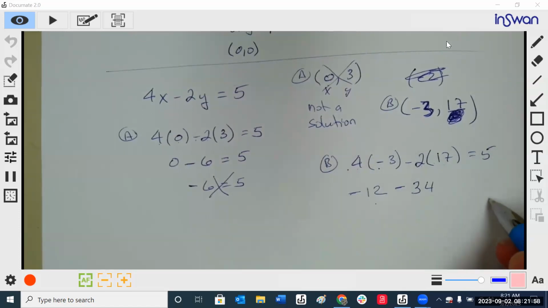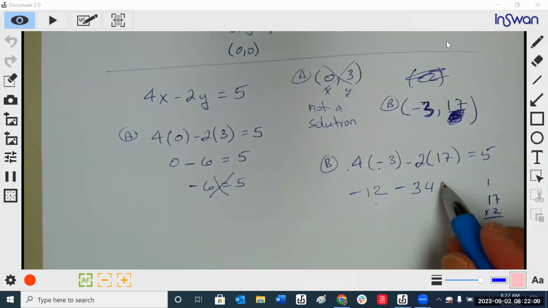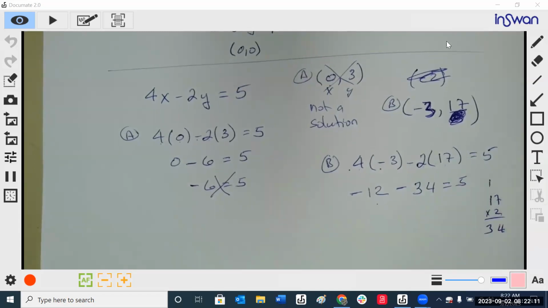So we have 17 times 2. 7 times 2 is 14. 2 times 1 is 2. Okay, I just got 34. Equals 5. Negative 12 minus 34. Is the answer going to be positive or negative? Negative. They're both negative.